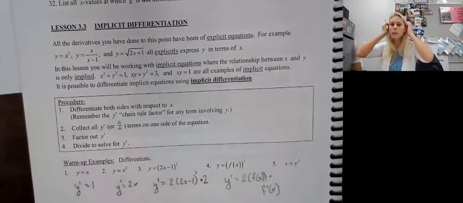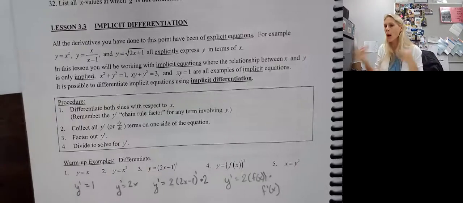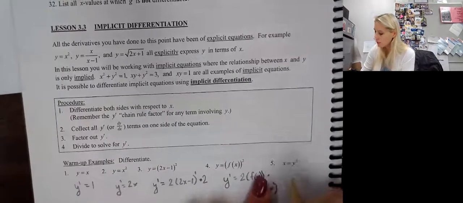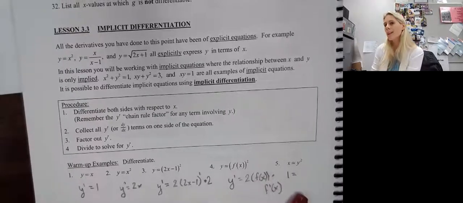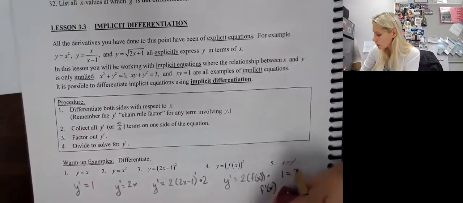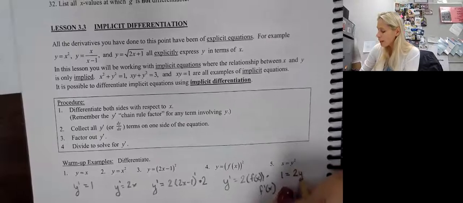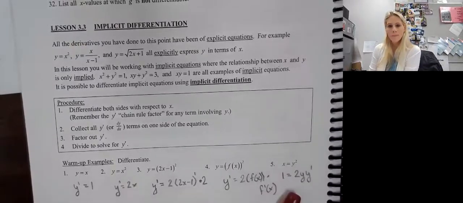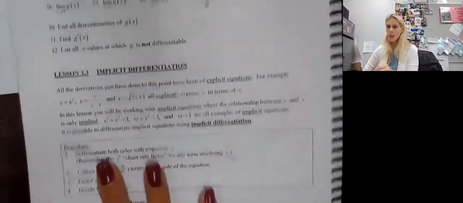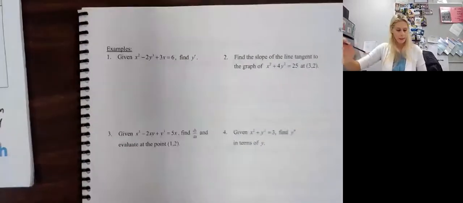Remember, every time we take the derivative of y, we need a y prime with it. So the derivative of x is 1 equals, now with the y squared, it's a power rule, so we would do 2y to the first, but we have to hook on a y prime. All right, let's continue on this. Do some more examples here.